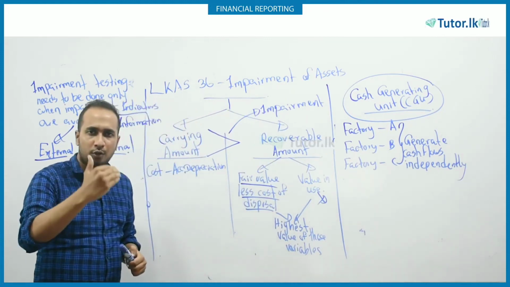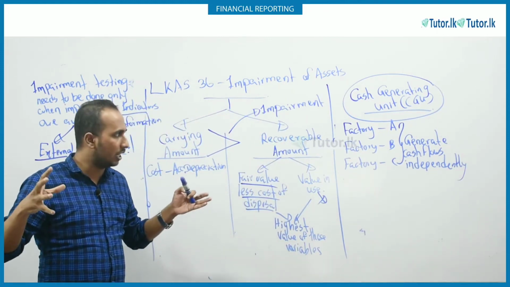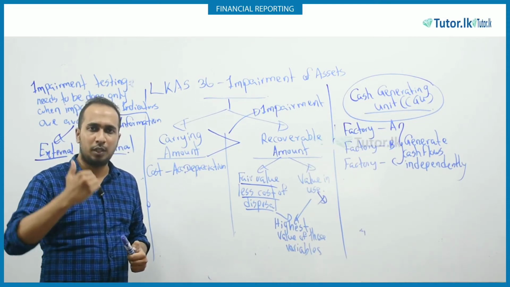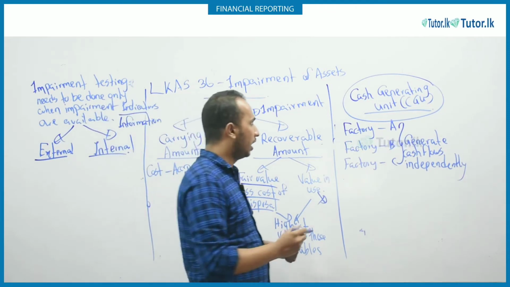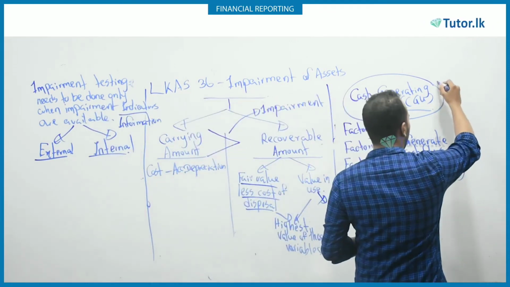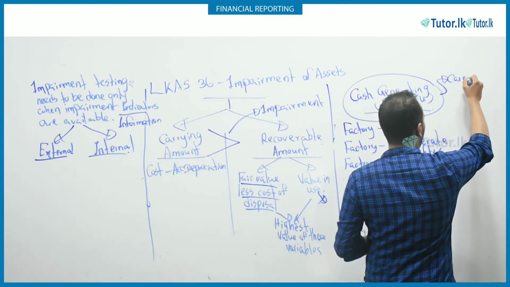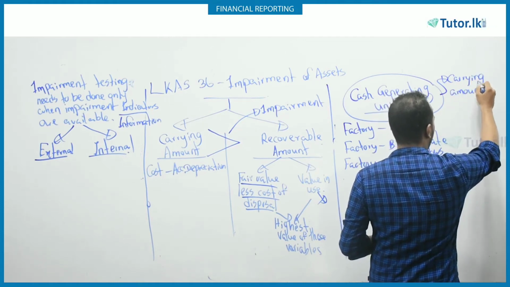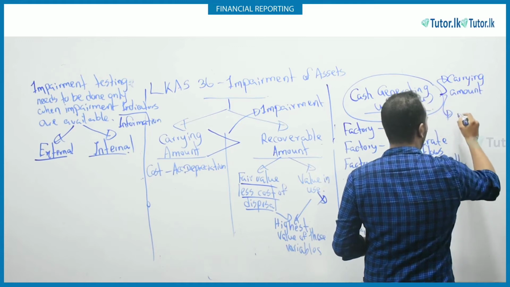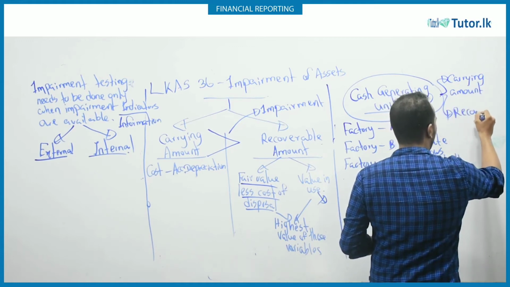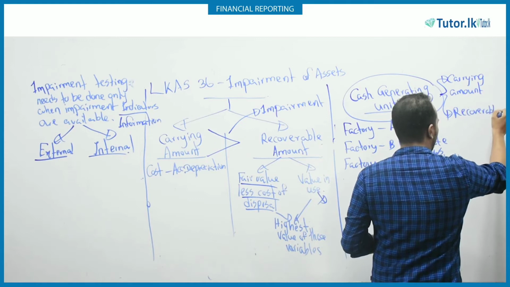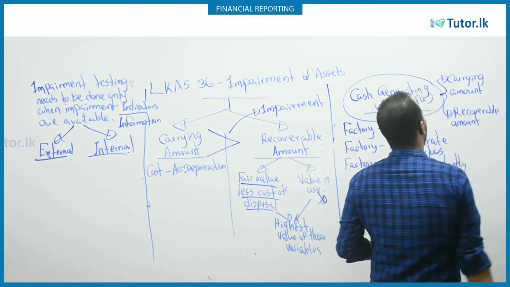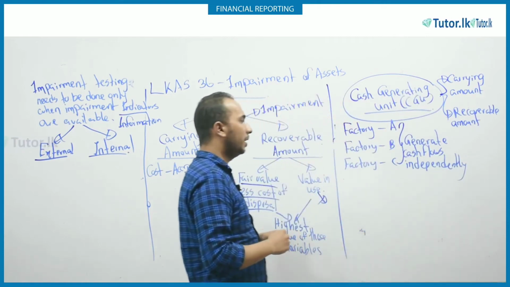That means we are grouping some assets under a cash generating unit and comparing the carrying amount of the complete cash generating unit with what? The recoverable amount. Carrying amount with the recoverable amount.